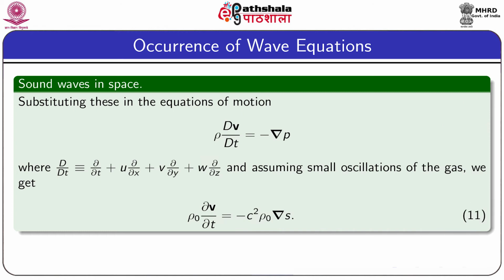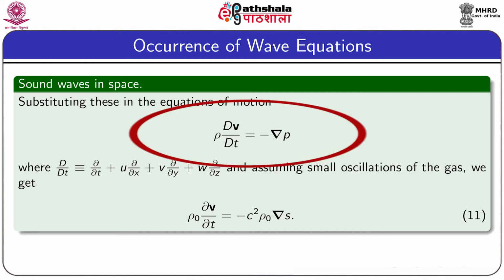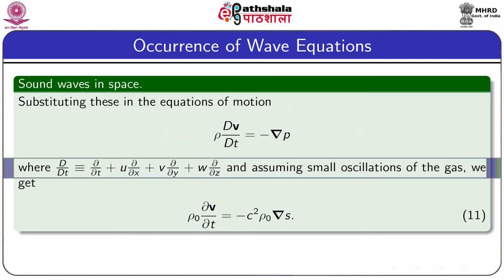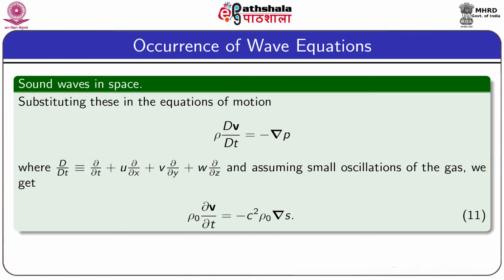Now, we have the equation of motion rho Dv/Dt equals minus grad p, where capital D/Dt is the total derivative, which is equivalent to del/del t, the time derivative, plus derivatives in space, which is u del/del x plus v del/del y plus w del/del z. And if you assume that the oscillation is very small, then for this case we can neglect the nonlinear terms.